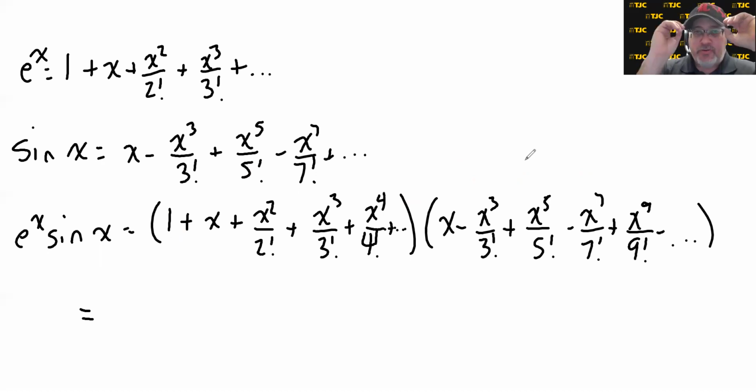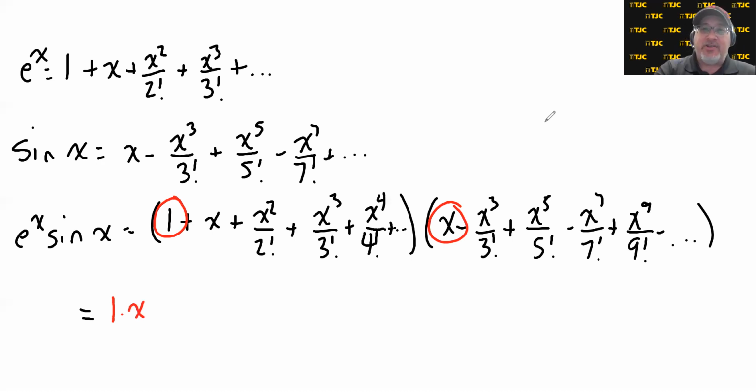To get x to the first power, I have to ask myself, how can I choose one term from each factor and multiply to get x to the first? Well, here's one pair, 1 times x. That will give me an x to the first term. Are there any others? The answer is no. To get an x to the first power, we can only multiply up to a single x times a constant.